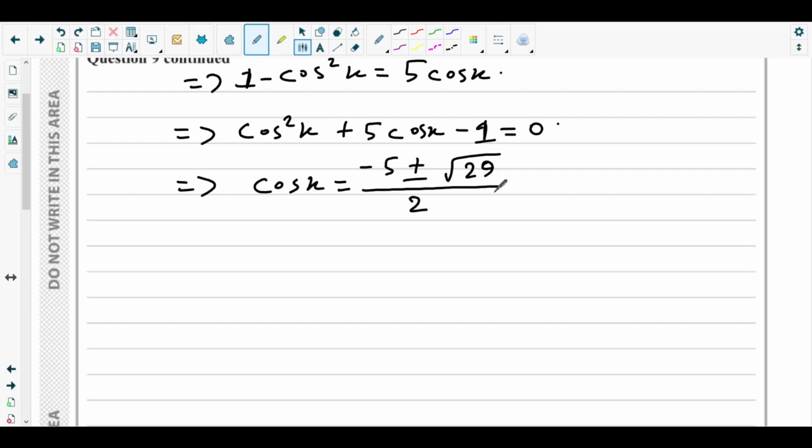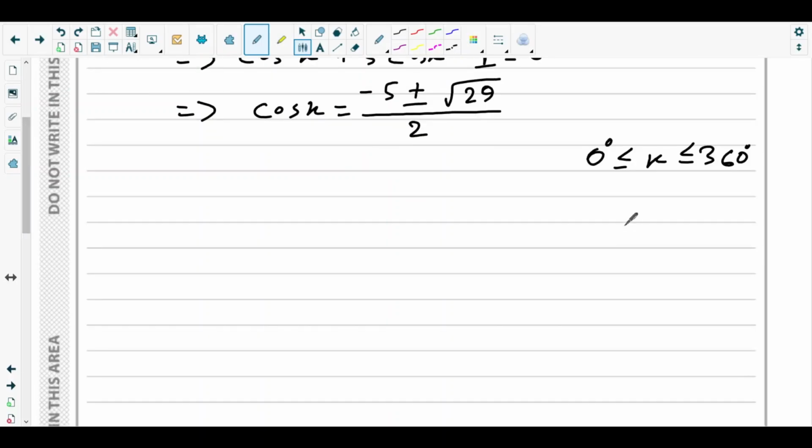Since the range of values for x is given, x greater than or equal to 0 degrees and less than or equal to 360 degrees, we know that in two quadrants in the CAST diagram, cos theta is positive: the fourth quadrant and the first quadrant.